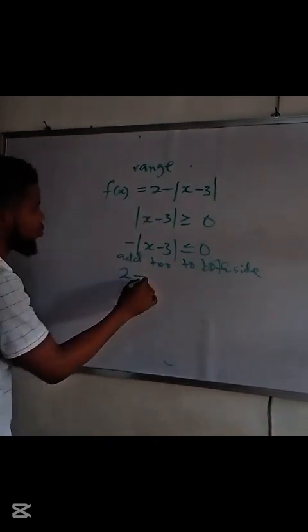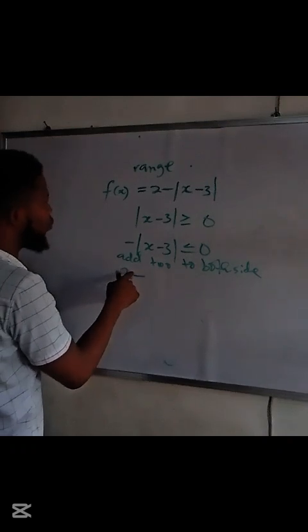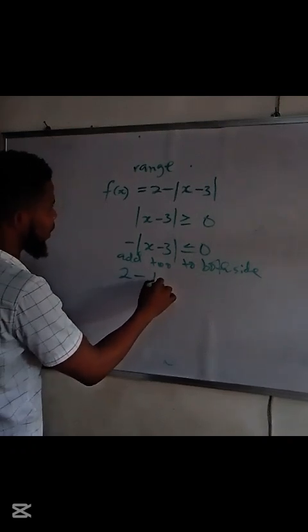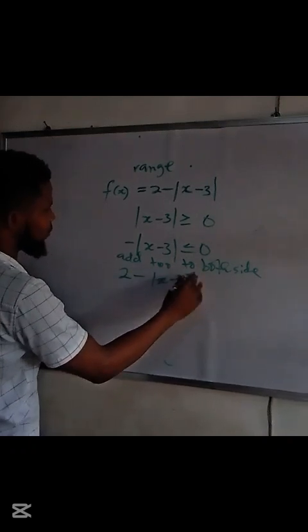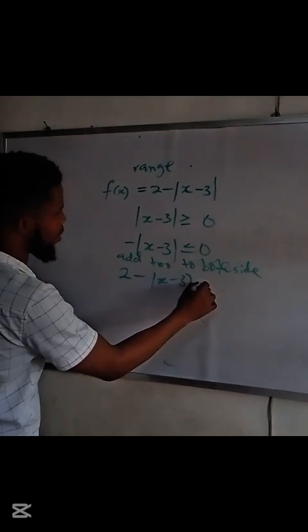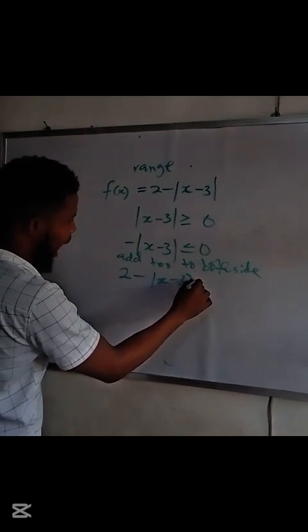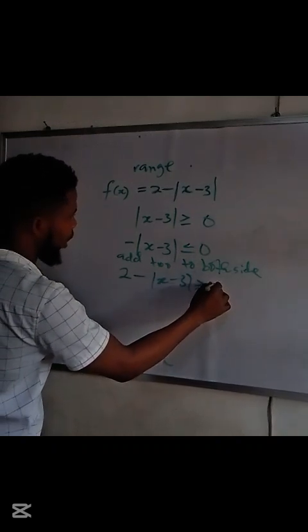So if I add this 2, I will end up having what? 2 minus the absolute value of x minus a, greater than or equal to what?